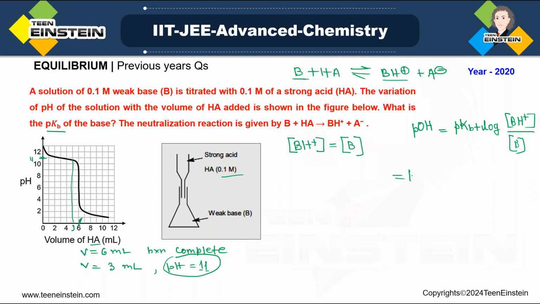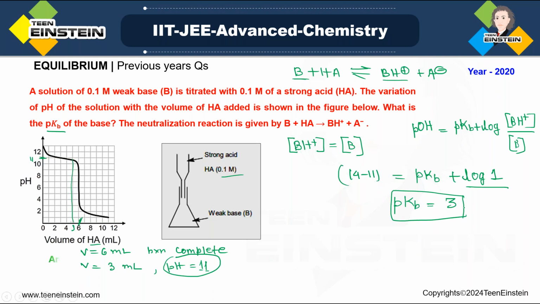That means pOH is 14 minus 11, and log of this ratio is 1, so log 1 is 0. Okay, so pOH is 14 minus 11, and pKb we are trying to find. So this part you will get 0. So ultimately pKb we are getting is 14 minus 11, which is 3.